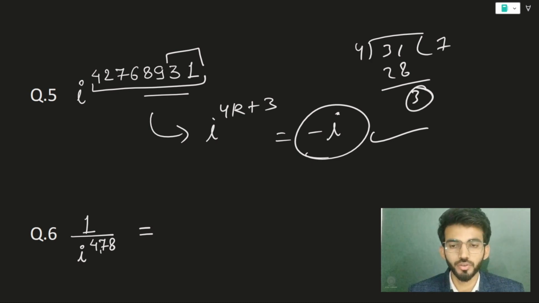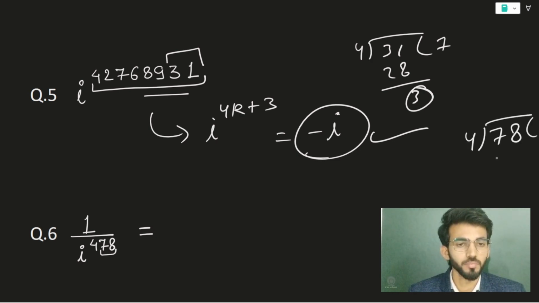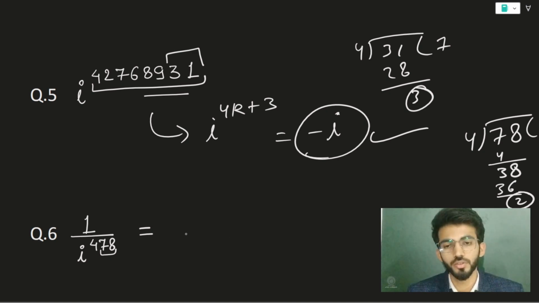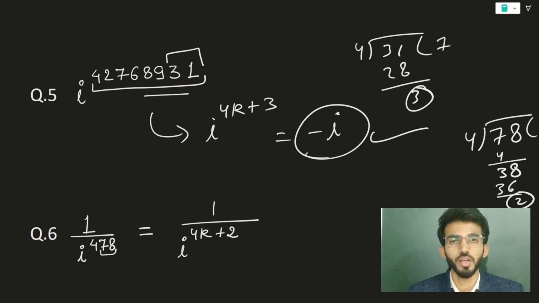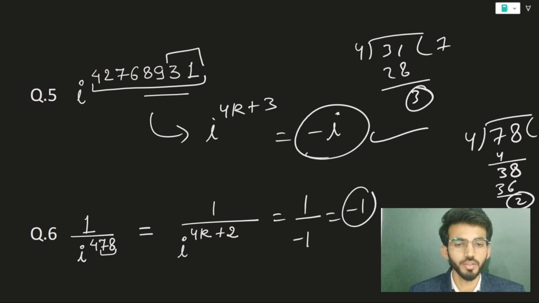Now, if the big number is in the denominator, again you have to follow the same procedure. You have to divide the last two digits by 4. So what will we get? The remainder is 2. So it can be represented in the form of i to the power 4k plus 2. Hence, what is i square? i square is minus 1. So the answer is 1 upon minus 1, or we can simply say minus 1.